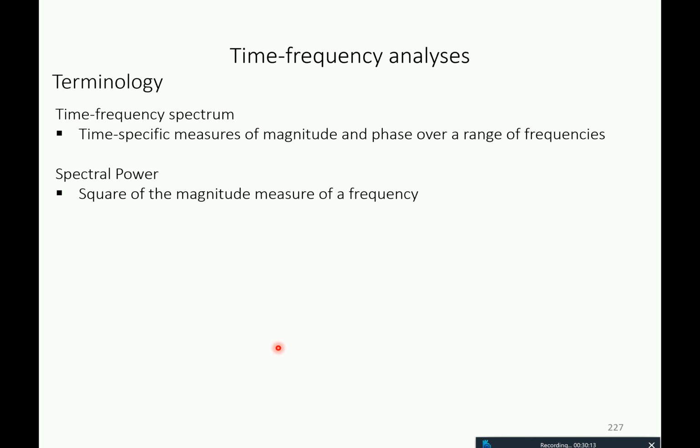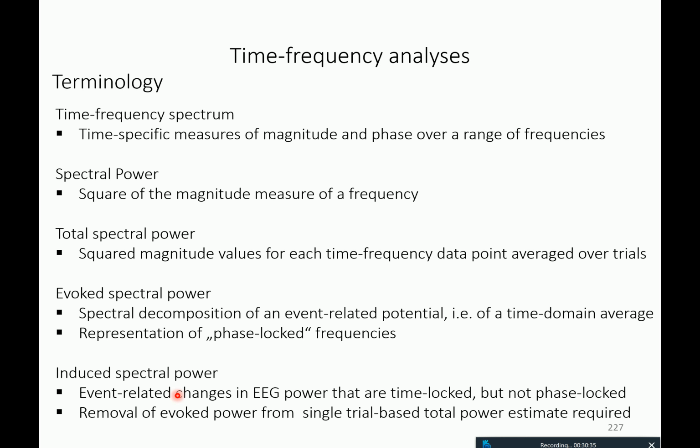And then there are terms, and these are quite important, namely the total spectral power, the evoked spectral power, and the induced spectral power. That's nice examination material, in the sense that these are terms that you will come across, and people say, yeah, we're looking at evoked power here, we're looking at induced power, and it makes sense to know what this is.